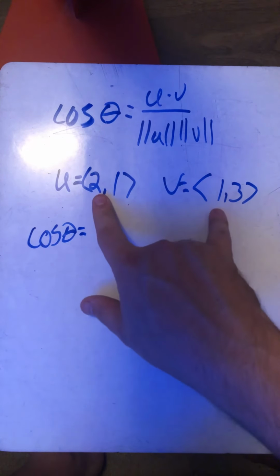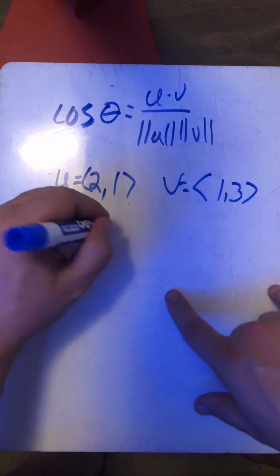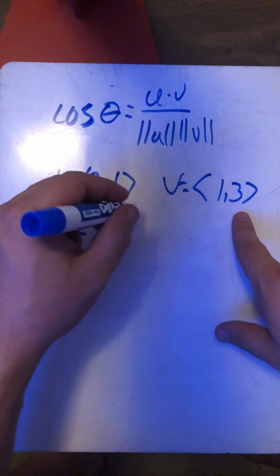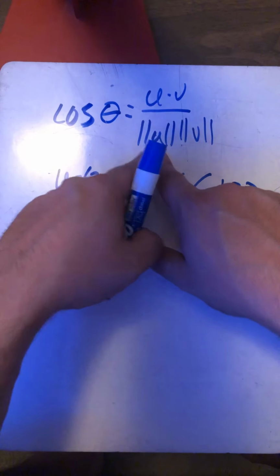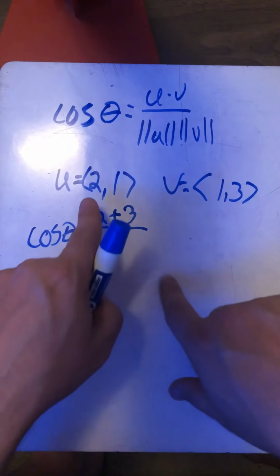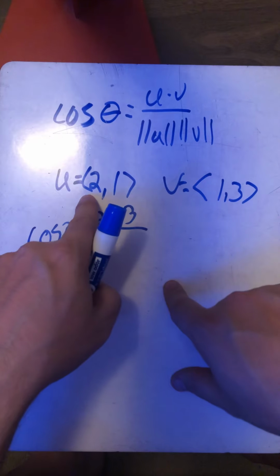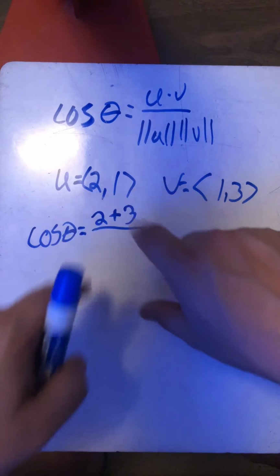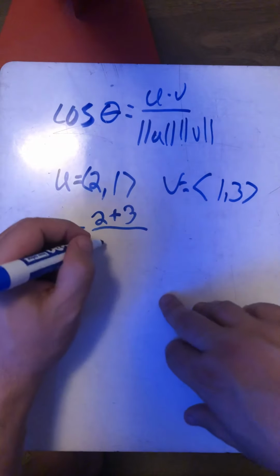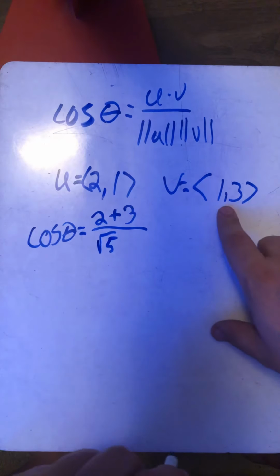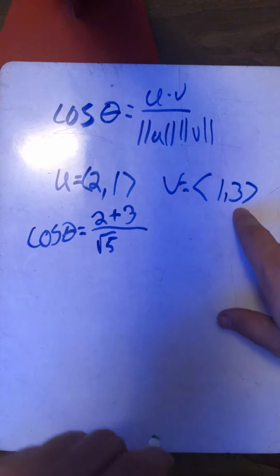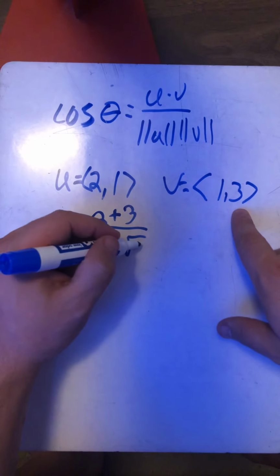We have 2 times 1, which is 2, plus 1 times 3, which is 3, all over. Now we need to find magnitude u. 2 squared is 4, 1 squared is 1, 4 plus 1 is 5. So we have root 5 times, 1 squared is 1, 3 squared is 9, this is the square root of 10.